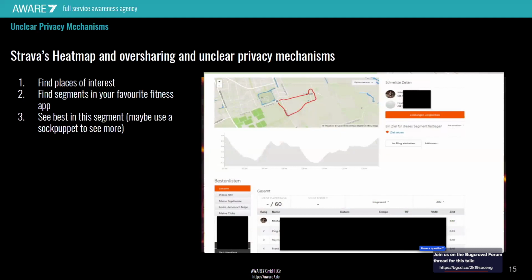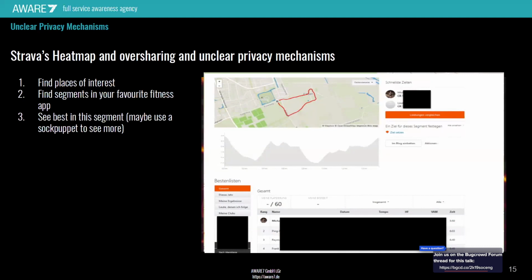And we can not only see who is the best, but the 20 best people overall, and the 20 best women. And if we have a sock puppet account on our favorite fitness app, we can also see all people who ever ran this segment, unless they stated by the time they uploaded their activity that they don't want to share this.